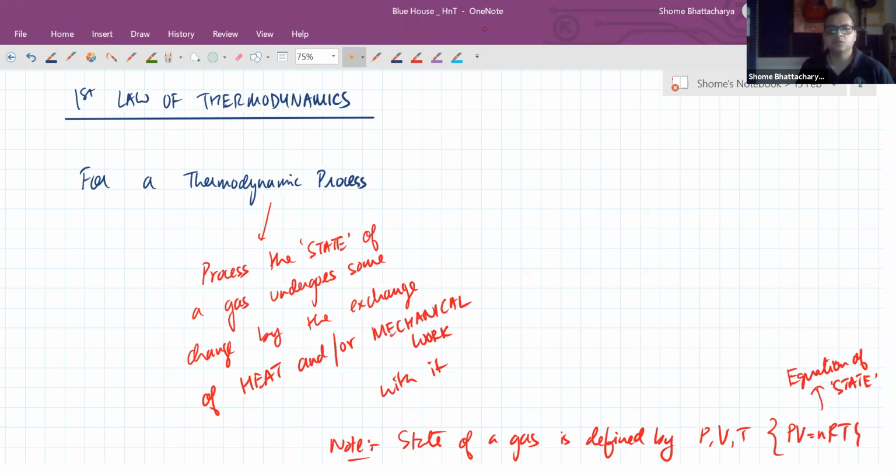Yeah, so the zeroth law we've already seen in calorimetry. We have done the application of zeroth law. So basically, the zeroth law says that if one body is in equilibrium with another one, then there is no heat exchange between them. Okay. So if body A is in equilibrium with body B and B is in equilibrium with C, then A also must be in equilibrium with C. So when are they in equilibrium?